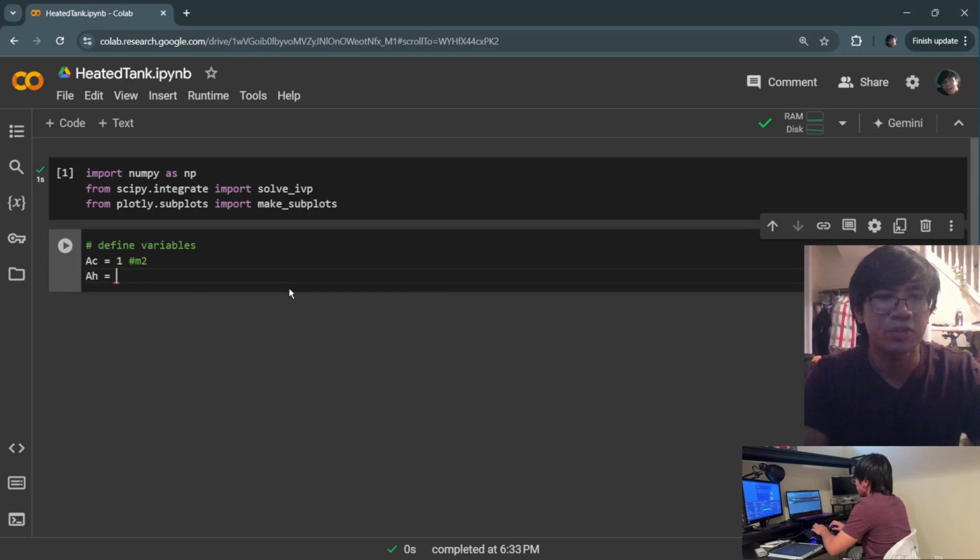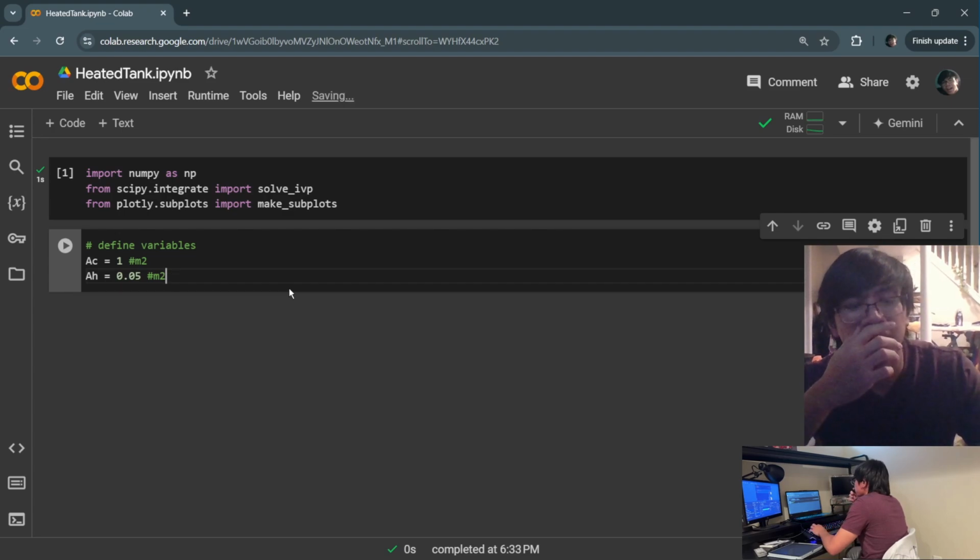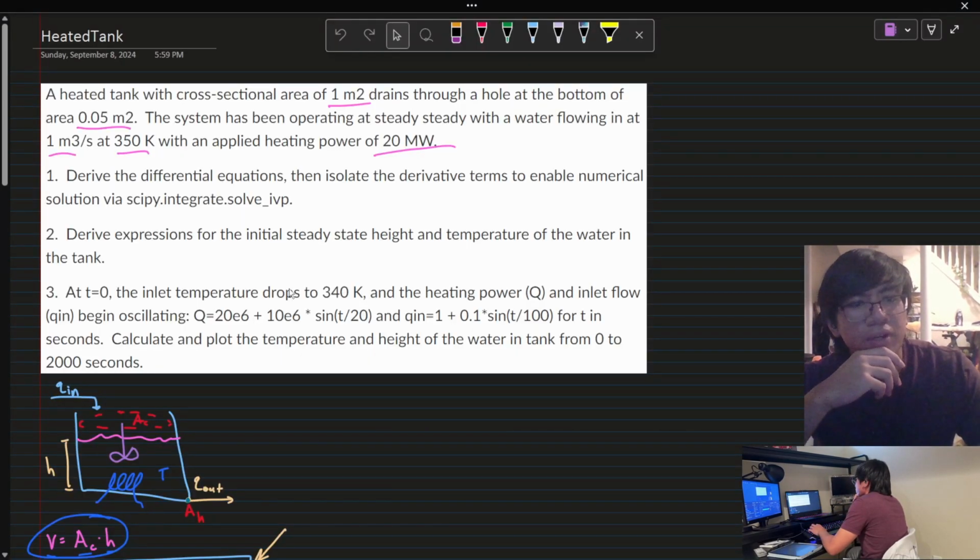AH is for our drainage hole, and that was much smaller. Remember, that's what allowed us to make the velocity 1 term in Bernoulli's equation pretty much 0, since these cross-sectional areas are so different. Almost a magnitude of what? Is that 100? So that's what allowed us to make our outlet flow derivation.